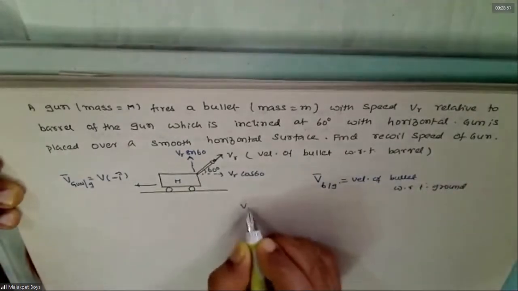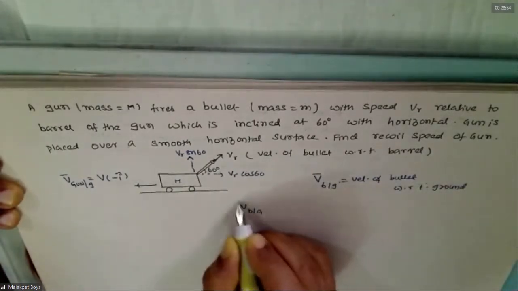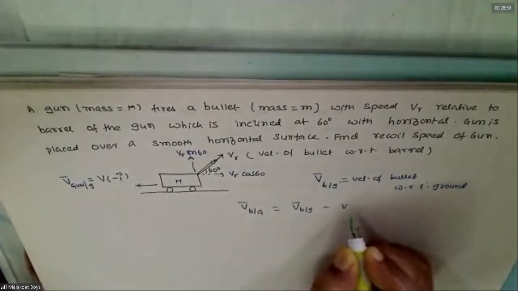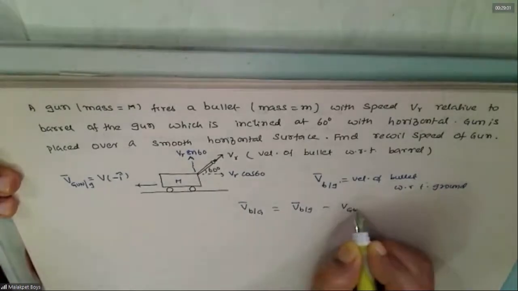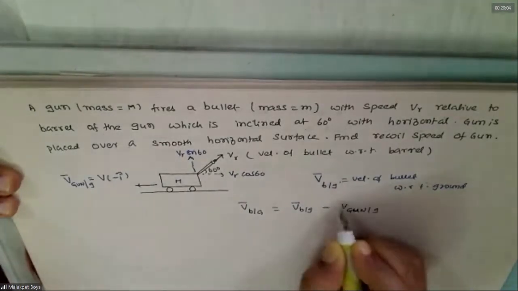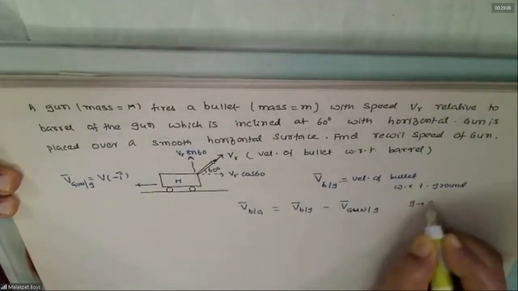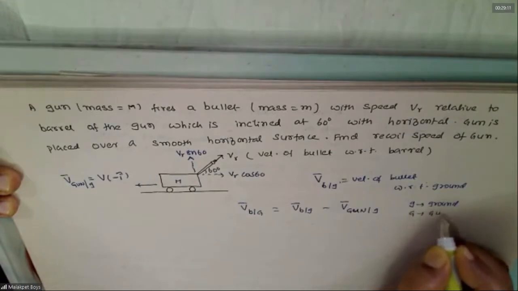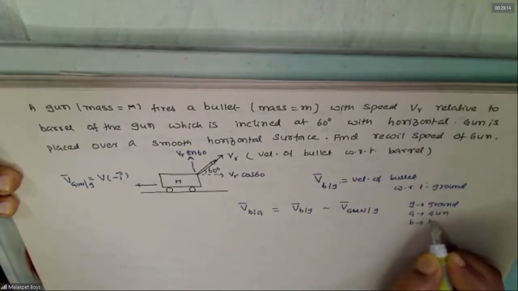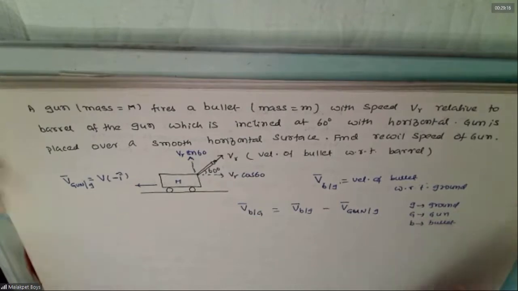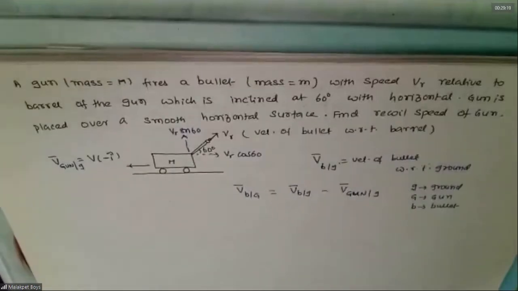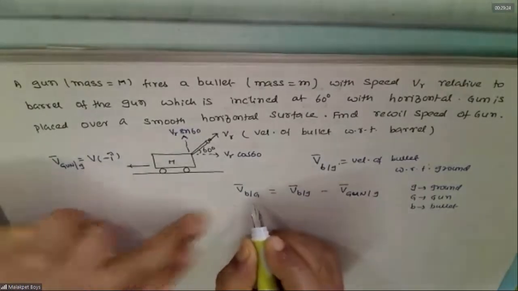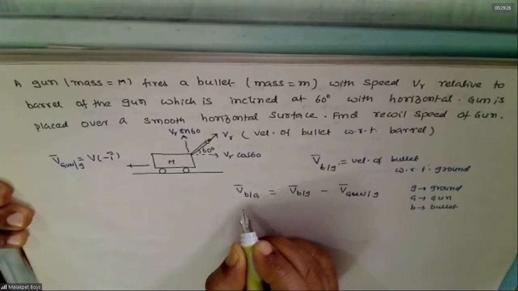Okay, now you know that the velocity of bullet with respect to gun is the velocity of bullet with respect to ground minus the velocity of gun with respect to ground. See here, small g means ground, capital G means gun, B is bullet. Okay, follow this? Followed. So now this is VB with respect to gun.